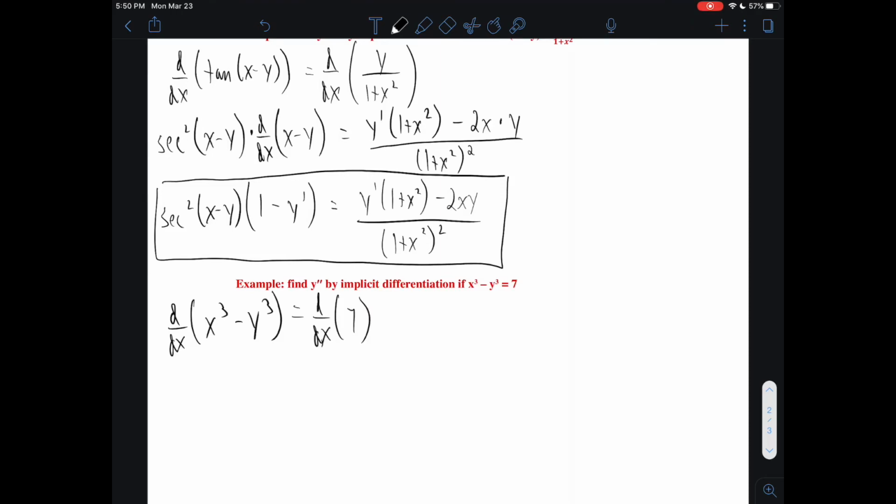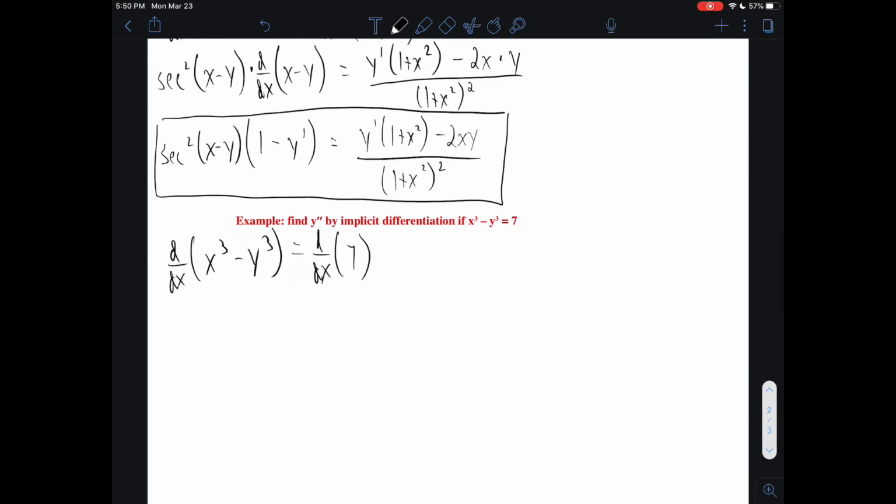So on the left, we'll distribute the derivative. So the derivative with respect to x of x cubed is 3x squared. The derivative of y cubed with respect to x would be 3y squared. But then here, again, we need the chain rule. We have to take the derivative of the inside function, which means y prime.